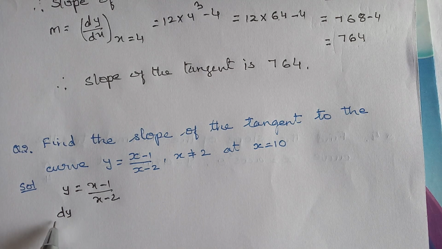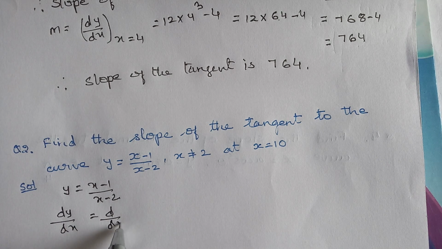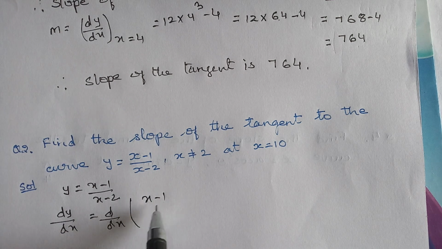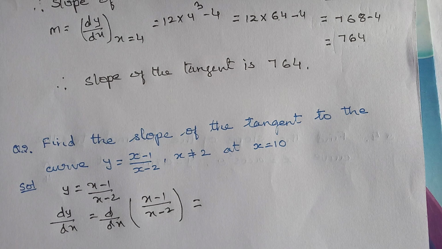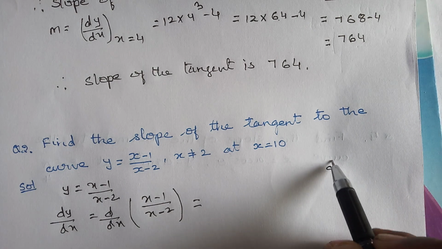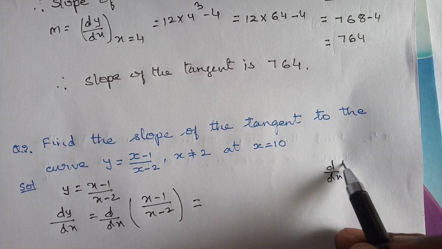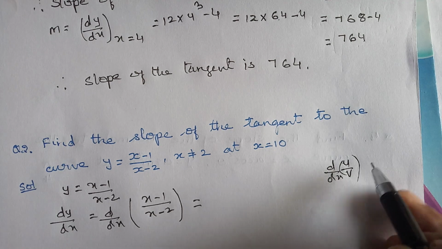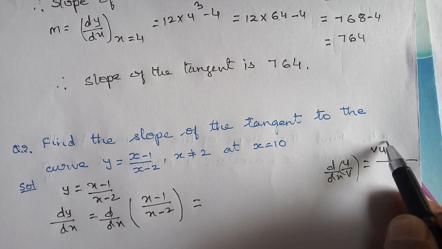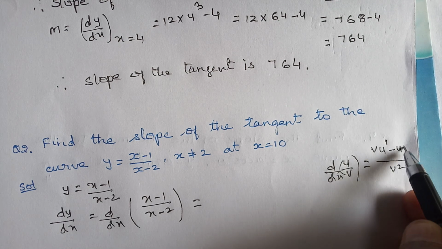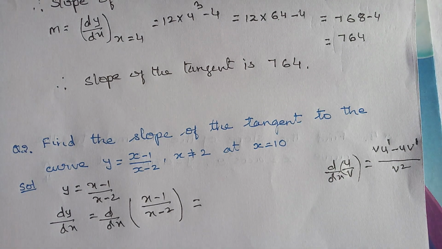Differentiating with respect to x on both sides, dy by dx, d by dx of x minus 1 by x minus 2. You know this is in the form of u by v. The u by v formula, that is the quotient rule: d by dx of u by v is denominator v square, into v u dash minus u v dash.